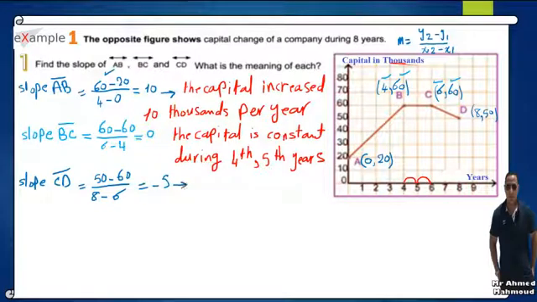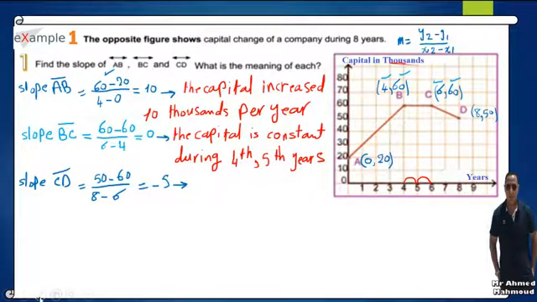Here we have a negative slope. The negative slope means that there is a decrease. By another meaning, in the 6th year the capital is 60, in the 7th year the capital is 55, in the 8th year the capital is 50. It goes from 60 to 50. Then we have a decrease in this area.